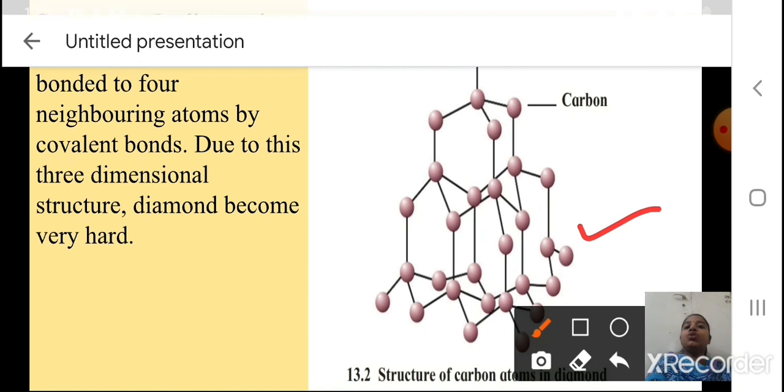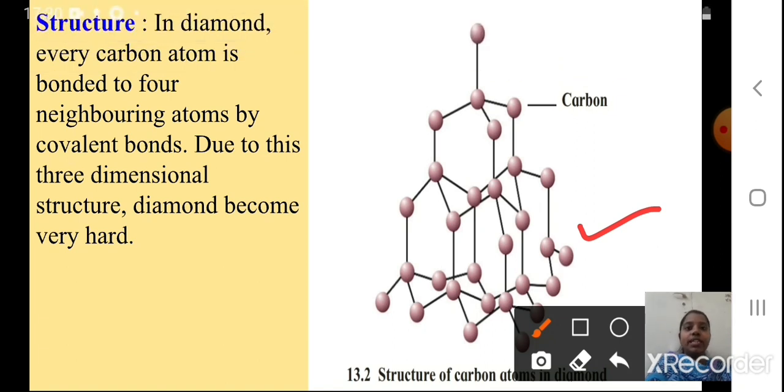You can see how the structure of the diamond is formed. If I take this one carbon atom, you can see it is bonded to 1, 2, 3, 4. This will also be bonded to the next 4, and like this the structure will move on. Then if I see this carbon atom, again it will be bonded to another 4 carbon atoms. Here is 1, here is 2 and another will be here, though it is not shown now.